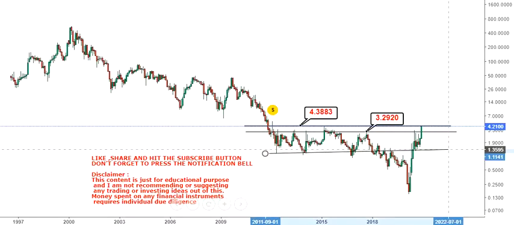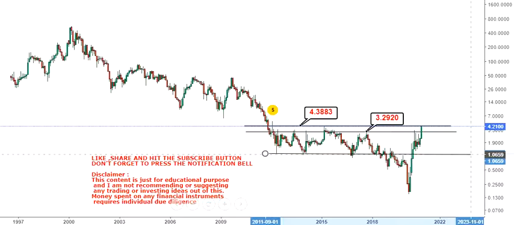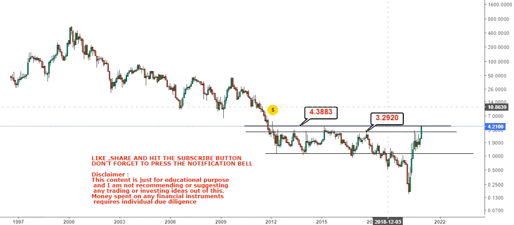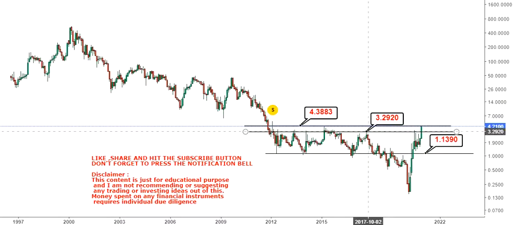Now there is a case of risk as well. Let's say the stock indeed makes a new high at 4.3 or 4.5 but doesn't go beyond 4.5 and starts falling, then you will have your first support at 3.29 and the next support at 1.13.